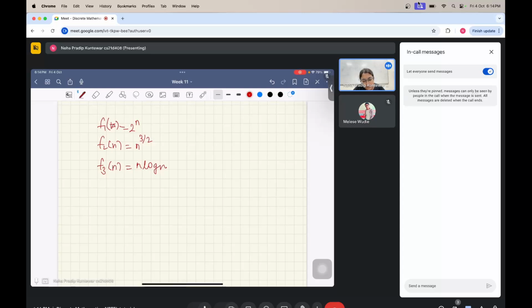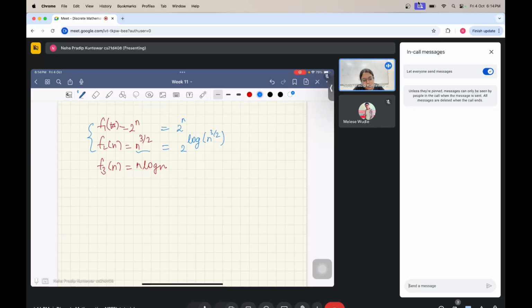Let's try to write this differently. This is already in the form of 2 to the n. First we'll compare the functions f1 and f2. If we look at f2, this is n to the 3 over 2. So I'll write this as 2 to the log of n to the 3 over 2.